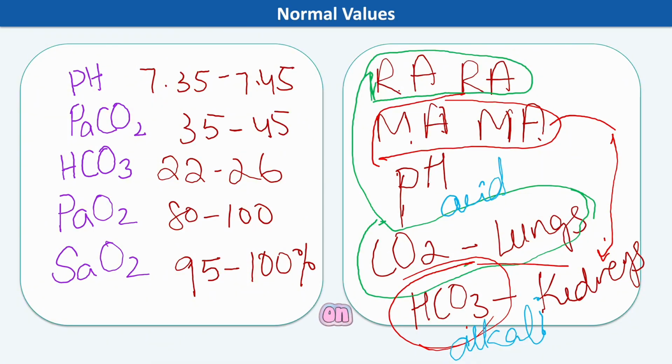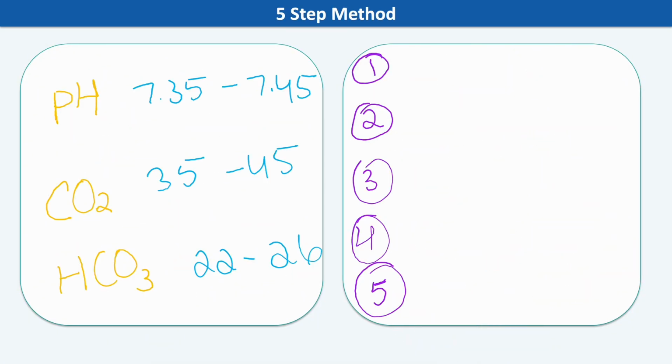All right, let's move on to the next slide. Before we do the 5-step method, let's go over the important stuff that we have to know. When the pH is below 7.35, our blood will be acidic. If our pH goes over 7.45, our blood will be more basic.